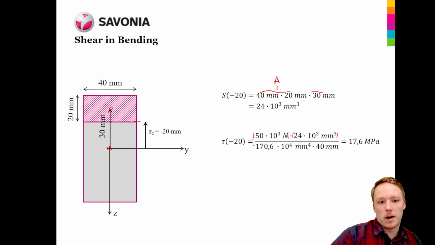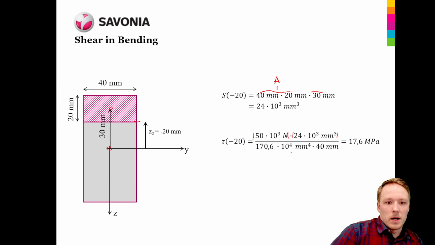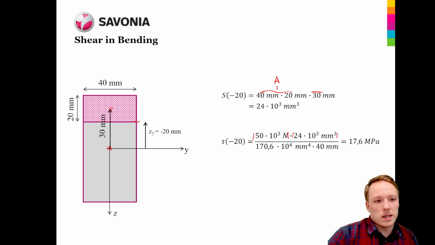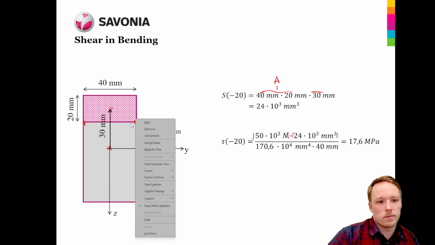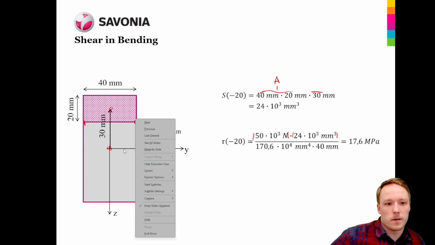And then we divide it by the second moment of inertia in bending multiplied by 40 millimeters. And what we get is 17.6 megapascals. The 40 millimeters is the width of the profile at the shear location in here.